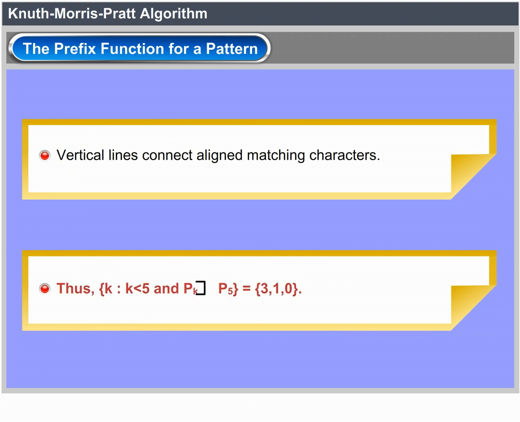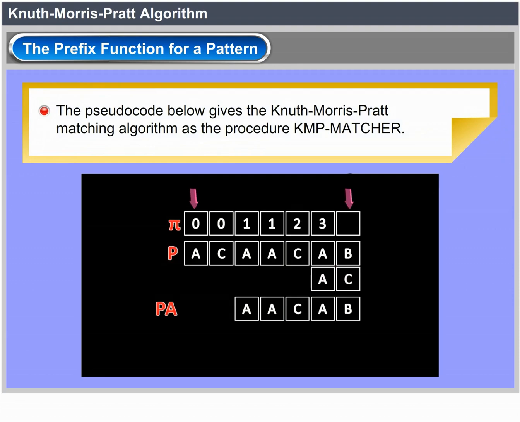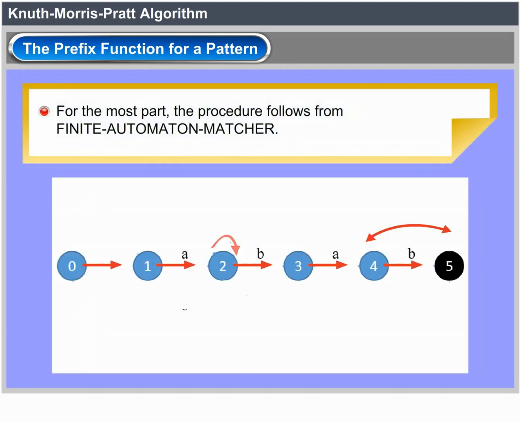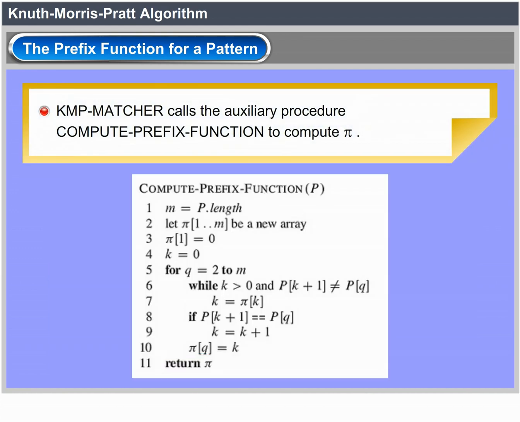The pseudocode below gives the Knuth-Morris-Pratt matching algorithm as the procedure KMP-MATCHER. For the most part, the procedure follows from FINITE-AUTOMATON-MATCHER. KMP-MATCHER calls the auxiliary procedure COMPUTE-PREFIX-FUNCTION to compute pi.